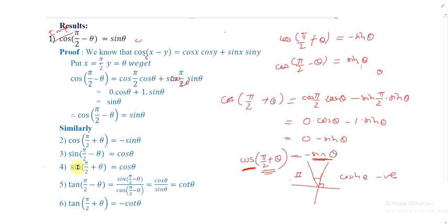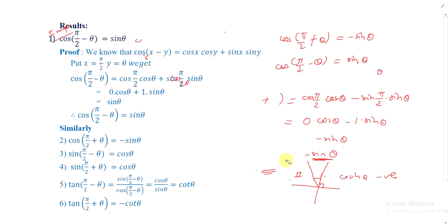We will prove these results, but first we will prove the result for sin(a + b) and sin(a - b). Then it will be convenient to prove these results, or we can prove them in another way also. So which is the other way to prove this result?